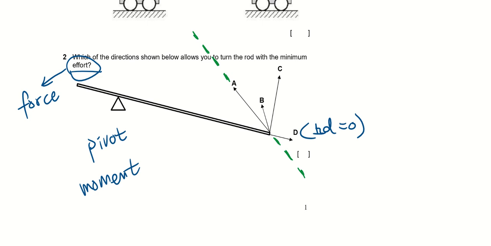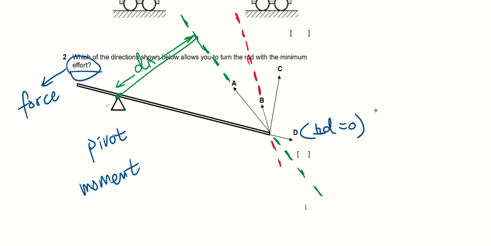Then use your ruler, put it here, put it here, right? And once it touches the pivot, this will be the perpendicular distance for A. For B, I draw my line of action of the force.